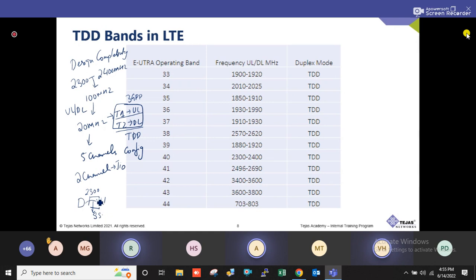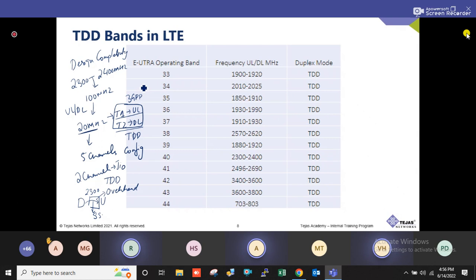That means there is an overhead to switch from download to upload, so there will be an impact on throughput whenever we are doing a TDD connection. TDD has a limitation with respect to throughput because of this switching from download to upload within the same frequency. Whereas in FDD, we don't have these challenges because each goes in its own direction.